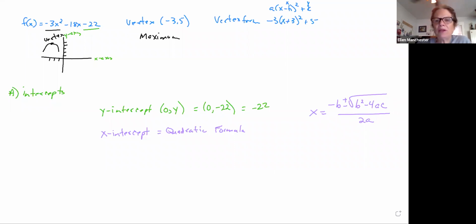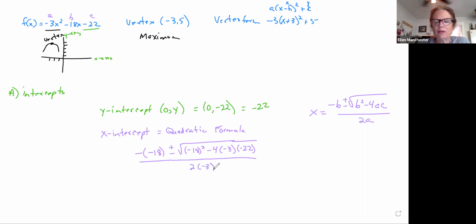So we get our a, b, and c from up here. A is -3, b is -18, and c is -22. We're going to plug it in and just calculate. So we have negative b, so again, double negative, plus or minus the square root of b squared minus 4 times a times c, and this is all underneath the radical, all divided by 2 times a.